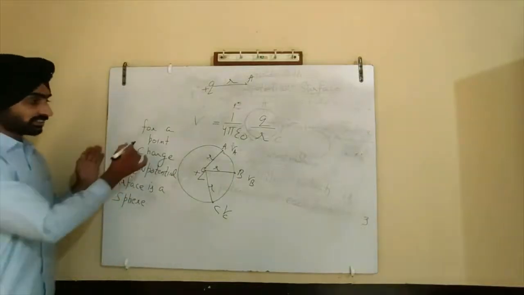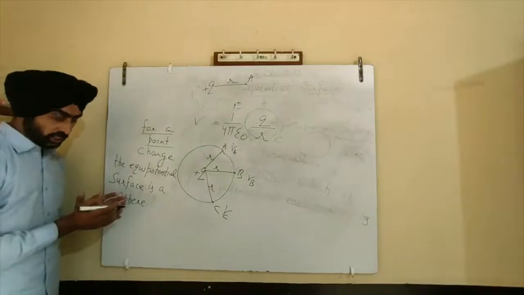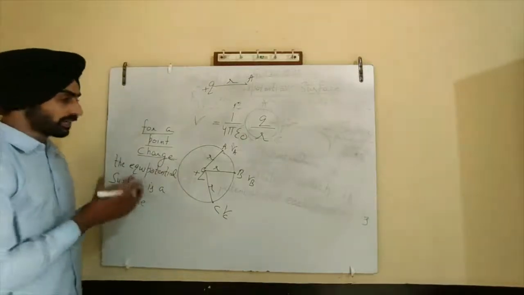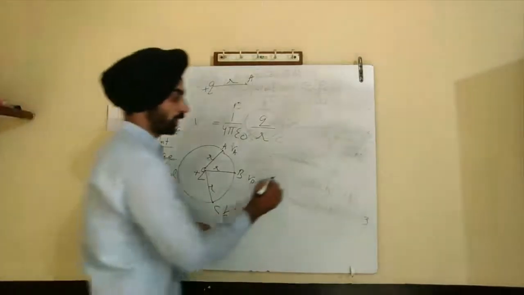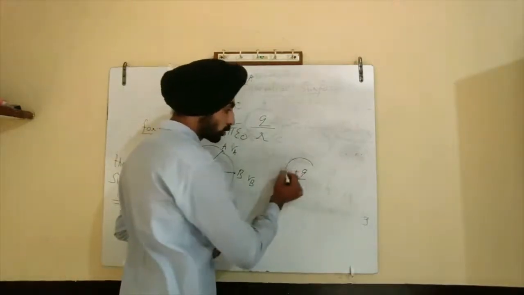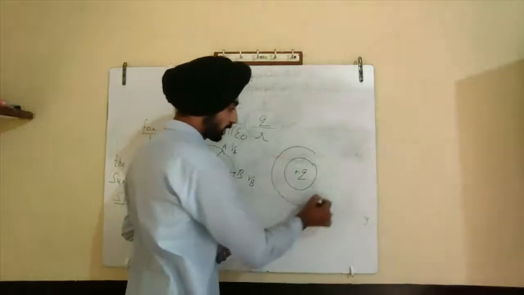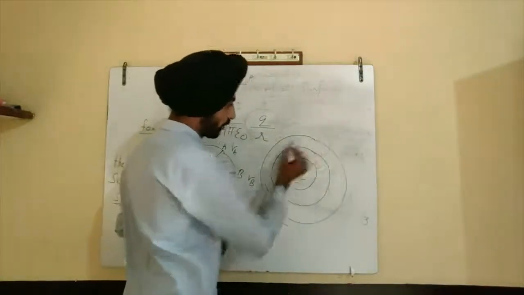They can ask in CBSE what is the equipotential surface for a point charge. You have to give the answer: it's a sphere. Suppose a point charge is there. This is also an equipotential surface, this is also an equipotential surface, and this is also an equipotential surface.